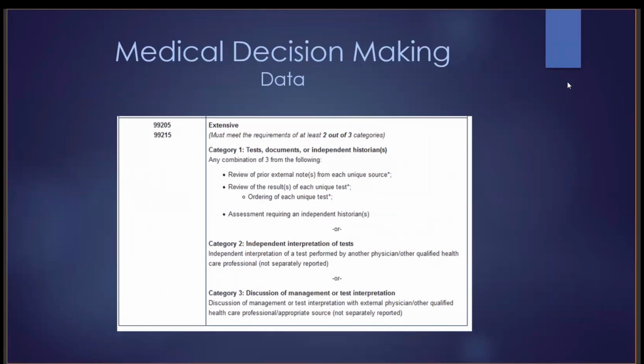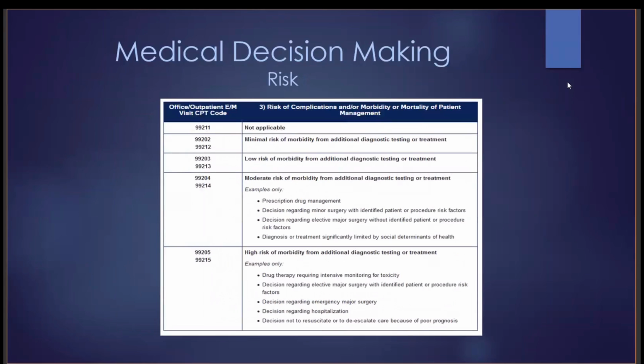Medical decision making, and the last category we have is risk. So for 99202, for our level 2s and level 3s, you can see that the AMA did not give any examples for level 2 and level 3. So it really is kind of up to the provider to determine what you feel is the risk to the patient of complications, morbidity, or mortality of patient management.